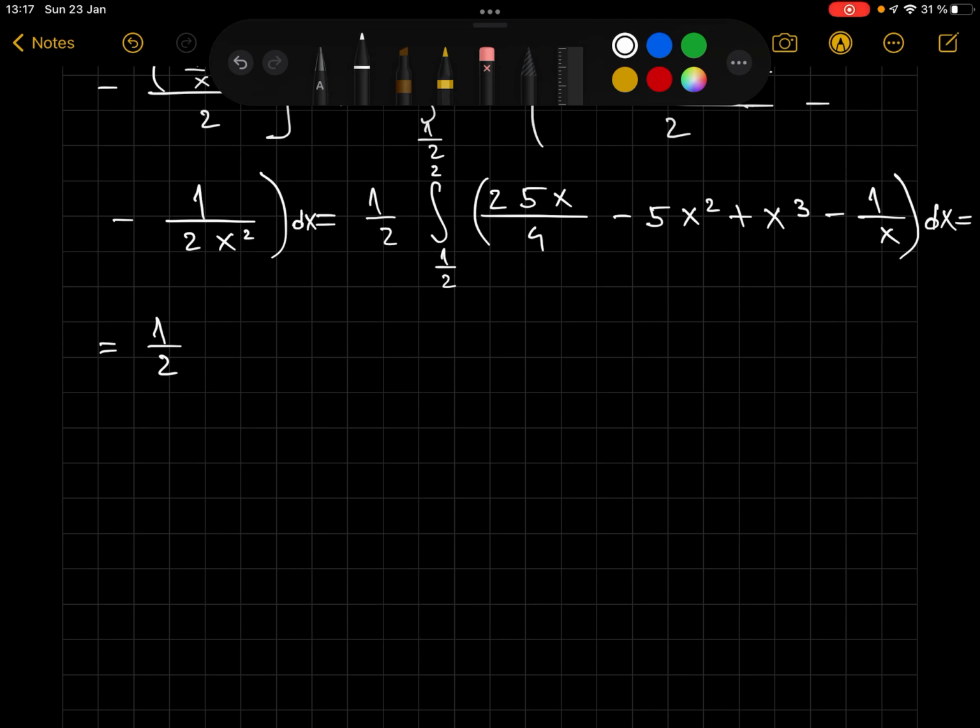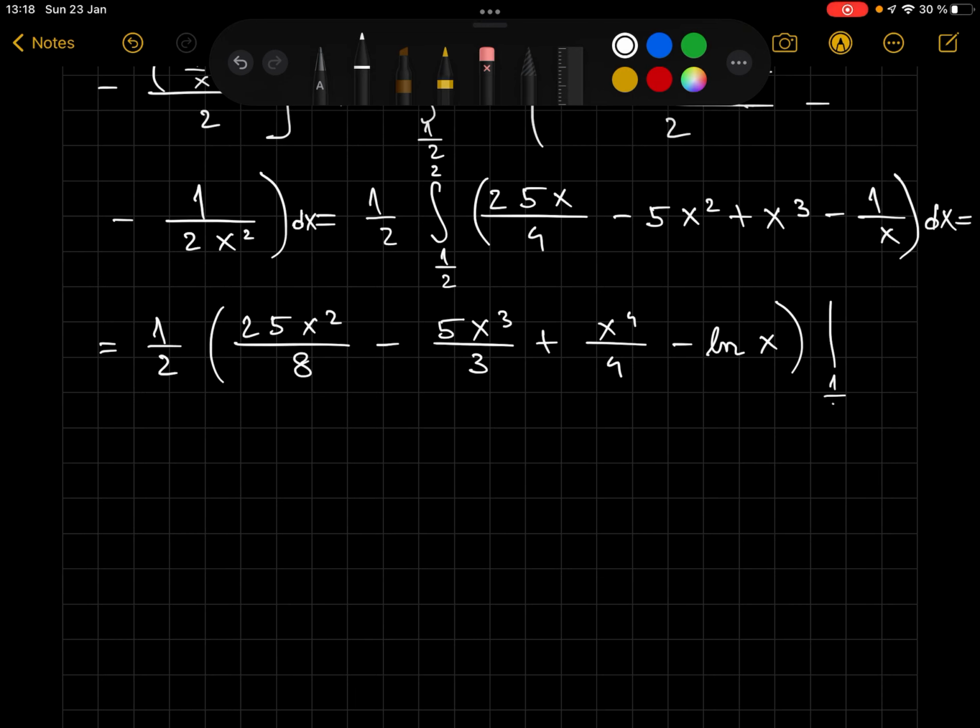So that's going to be 25x squared over 8 minus 5x to the third power over 3 plus x to the fourth power over 4 minus ln, the natural logarithm of x, between the limits of 1/2 and 2.